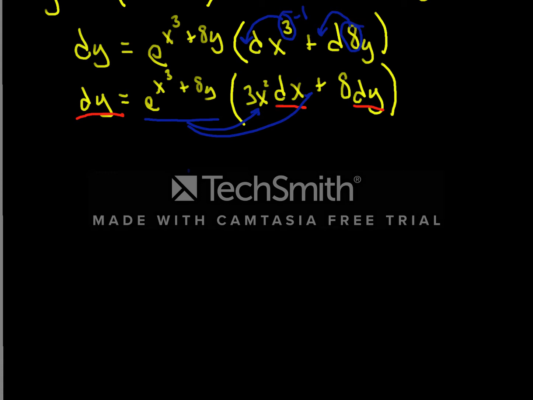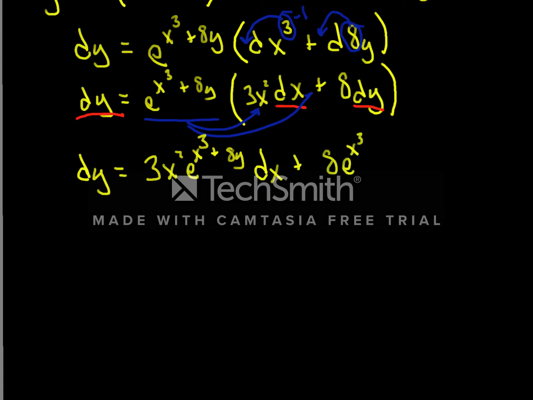So on the left-hand side, we get that dy is equal to 3x squared e to the x cubed plus 8y dx plus 8 e to the x cubed plus 8y dy.